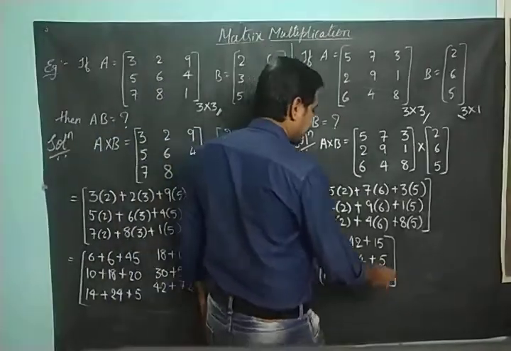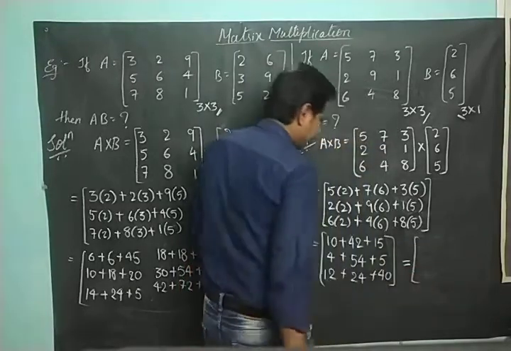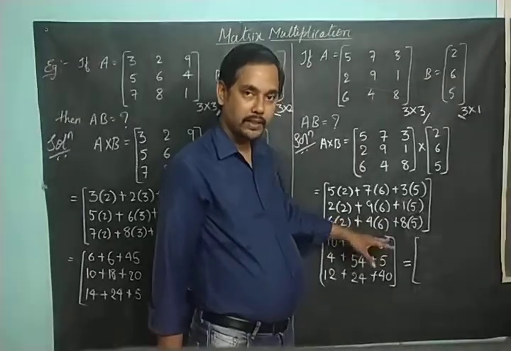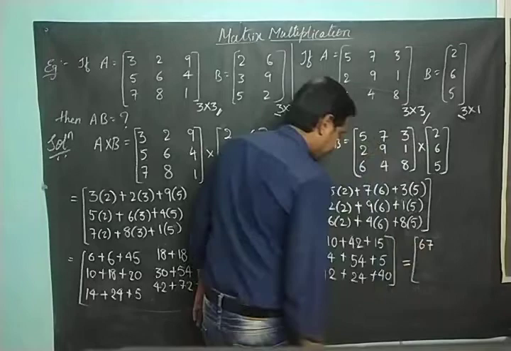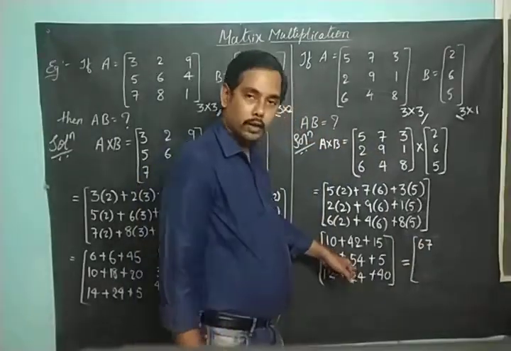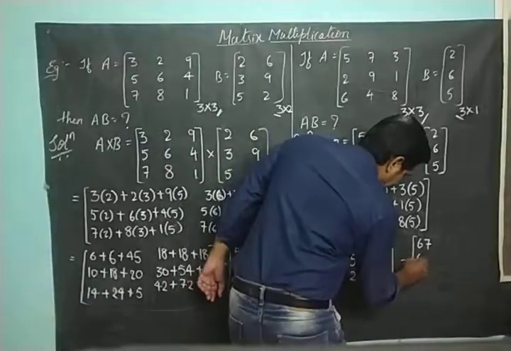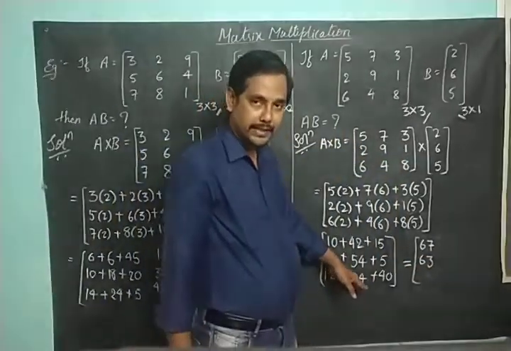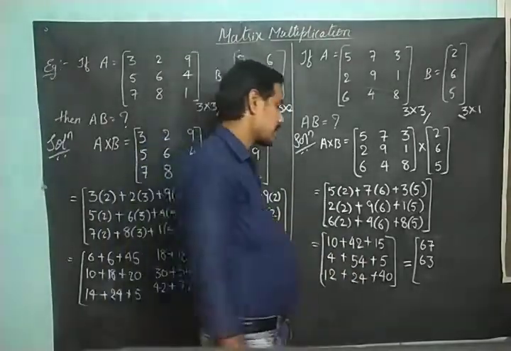If we simplify them, so what do we get? 10 plus 42, 52, 52 plus 15, 67. 4 plus 54, that is 58, 58 plus 5, 63. 12 plus 24, 36, 36 plus 40 is 76.